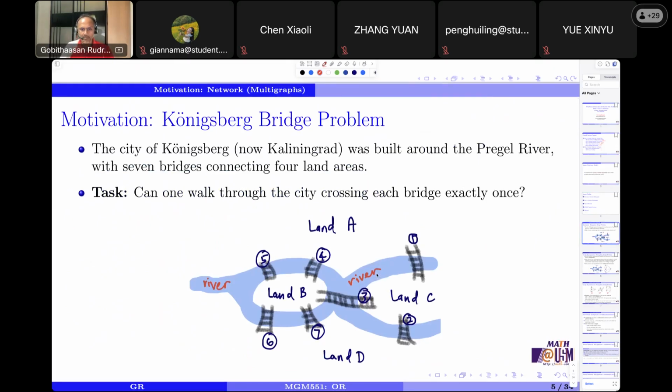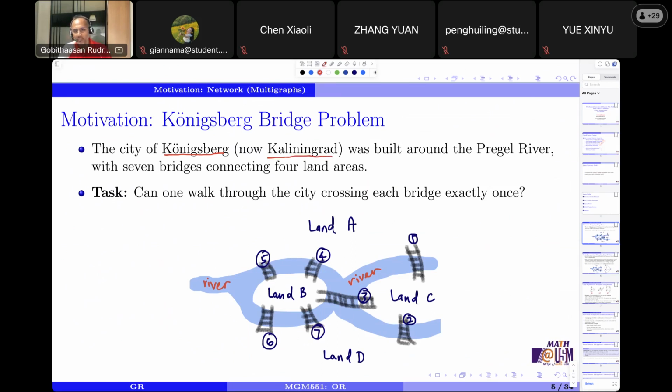Now, this is back in the 1700s. There was a city whose name used to be Königsberg, in Switzerland. Now it's known as Kaliningrad.